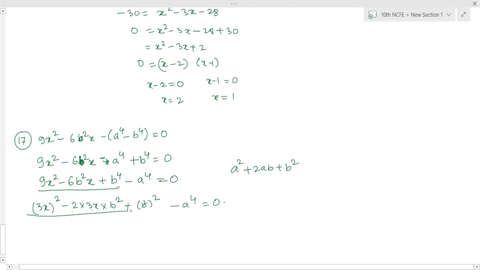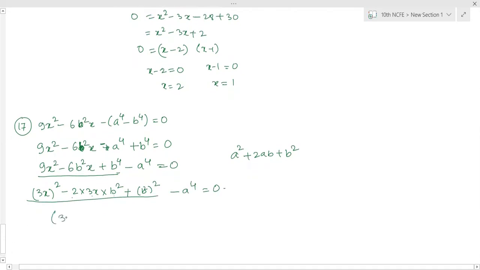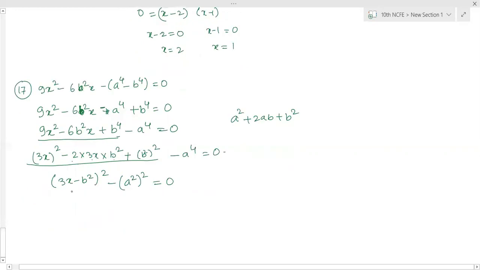So this we can factorize as (3x minus b square) whole square. Clear? Because second term is b square, minus a square is a square. Can we write like this? Now this full term is in the form of A square minus B square.